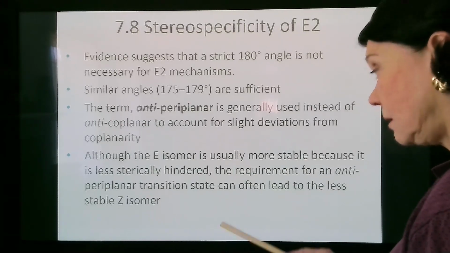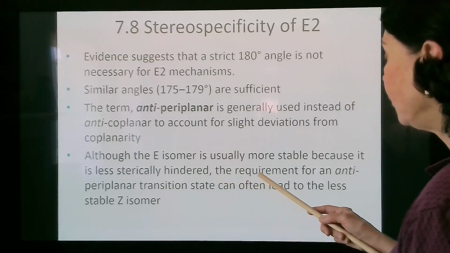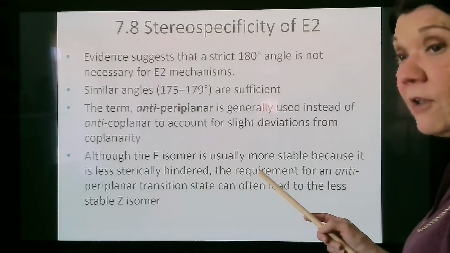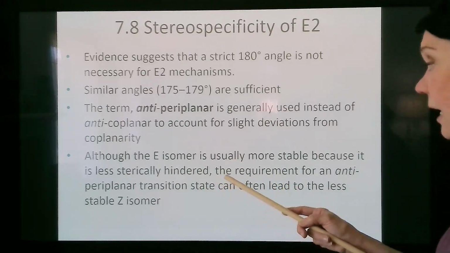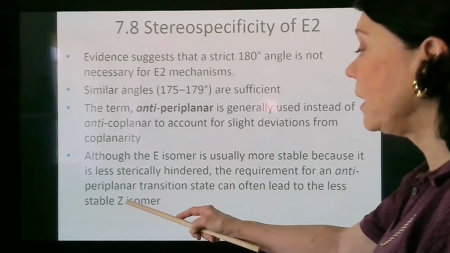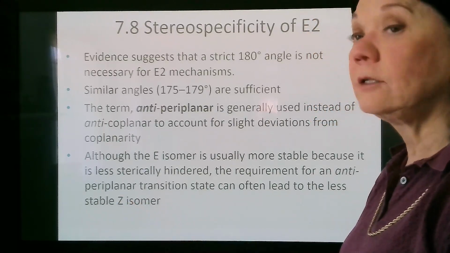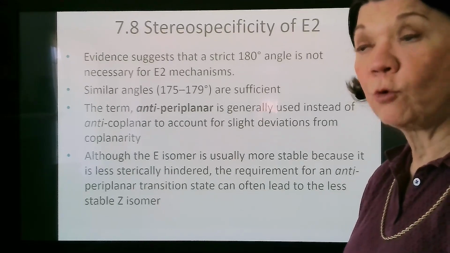So the good thing about this is, because this is a concerted reaction, it gave chemists the opportunity to set this up so that they would be able to synthesize less stable Z isomers, and it has been used for that.